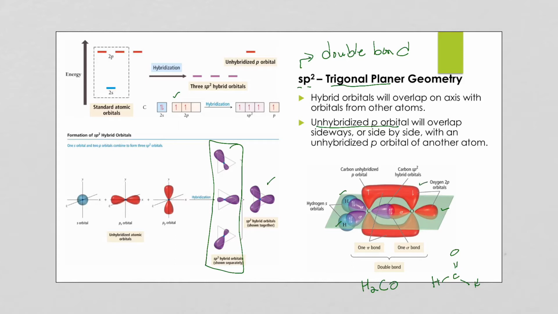There's another p orbital, but it's filled already. It's one of these lone pairs, so we don't utilize it here.